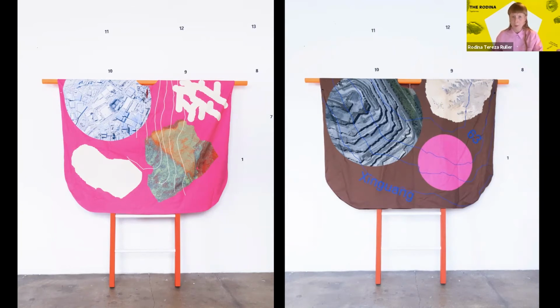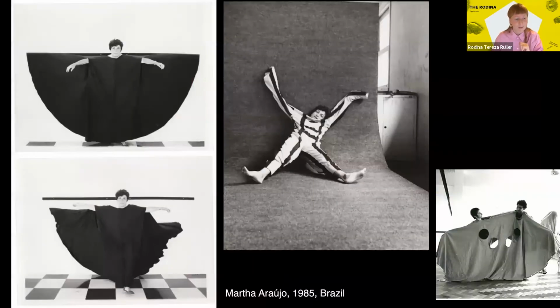But the question is, how do you activate this? Of course, some methods I've learned from earlier performance artists, and here is an amazing example of the work of Marta Araújo from Brazil. She was a performer and activist, and she pioneered the power of the poncho in the 80s.